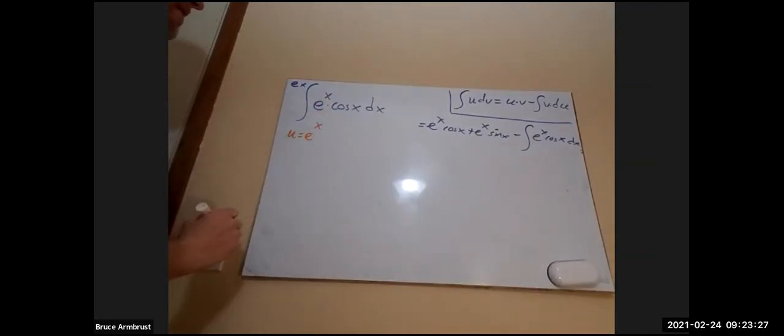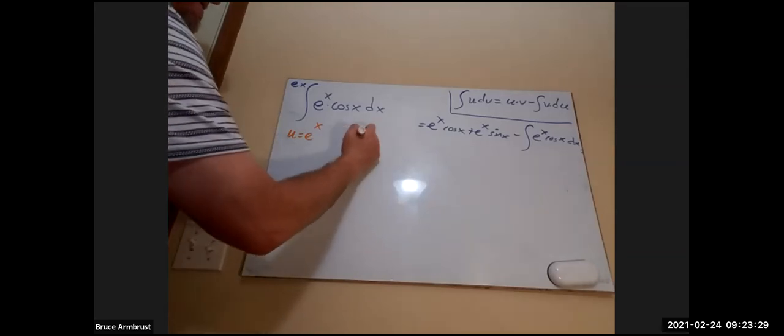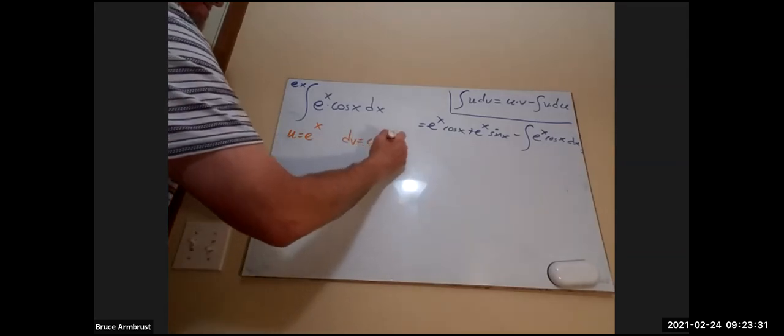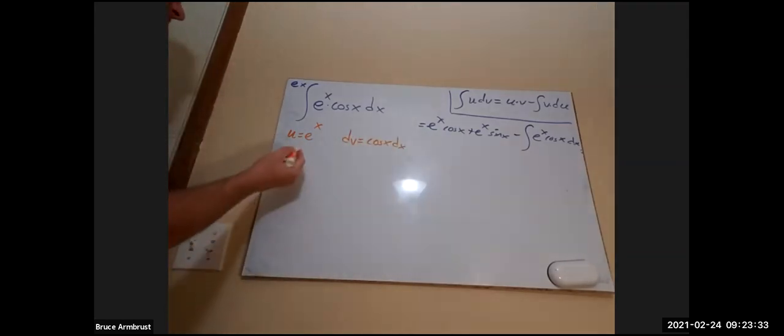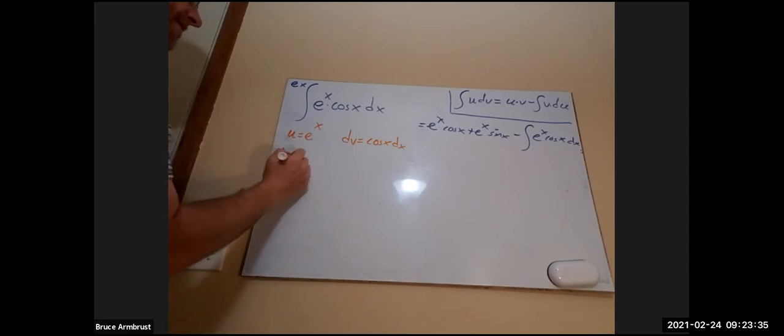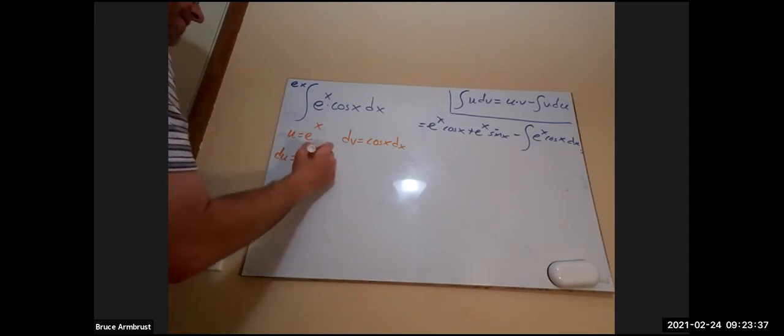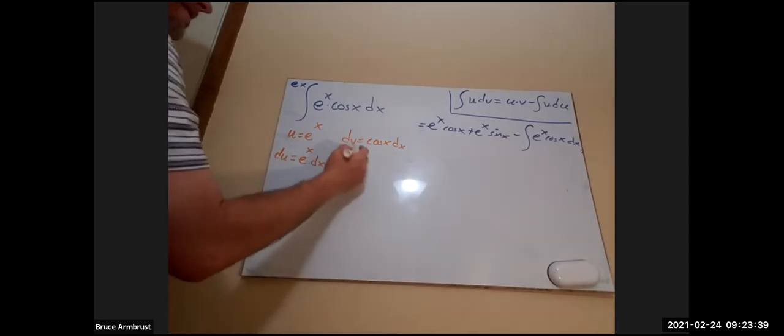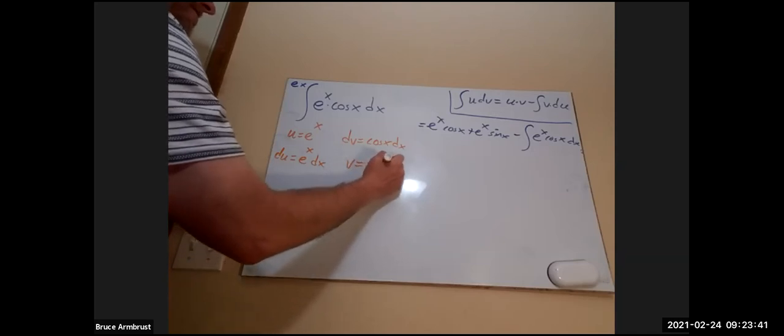So we'll let u equal e to the x. Then dv is going to be cosine of x dx. Those are both easy enough. du, its derivative, is e to the x dx. Integrating cosine is just sine.